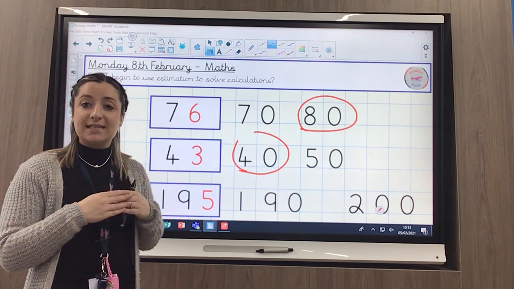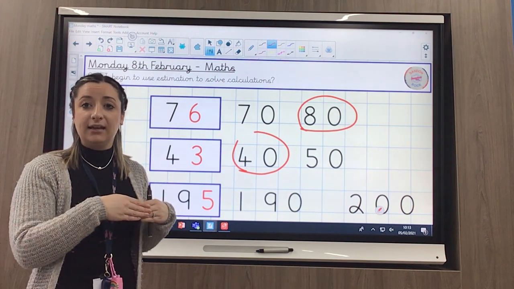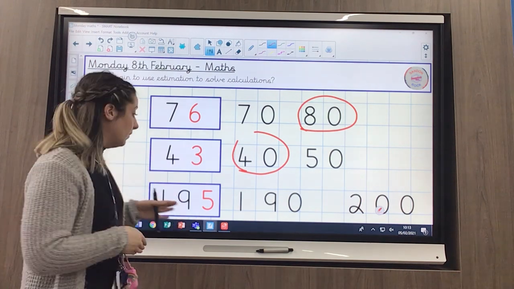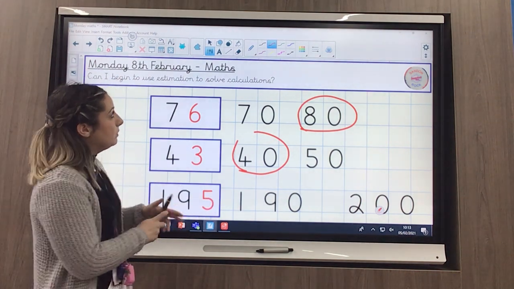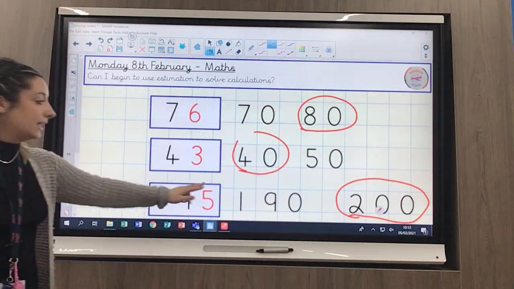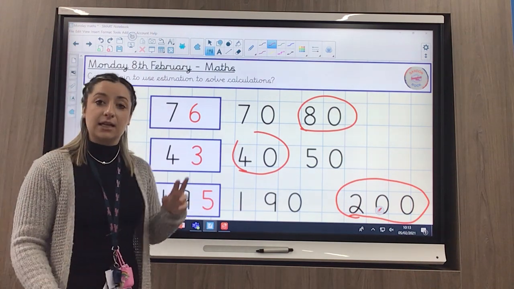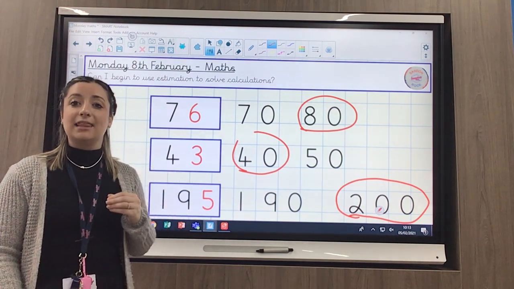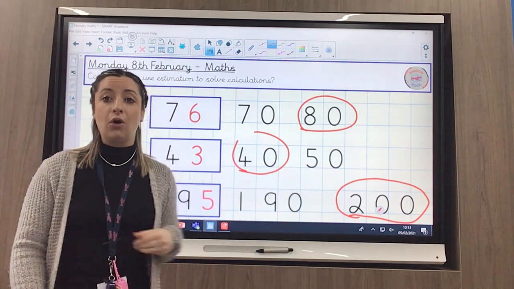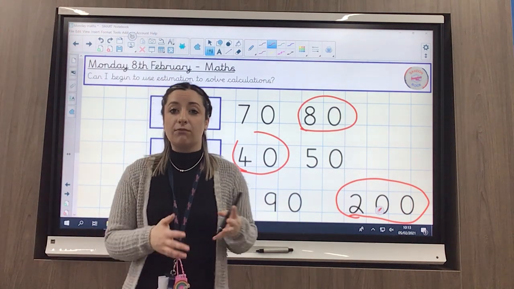After 190, add another 10 onto 190, we're going to get 200, aren't we? Okay, so I'm going to round it up to 200, and I'm going to leave 190 because my 5 means that I need to climb up to the next 10 that comes after 90, which would move us into the next 100.